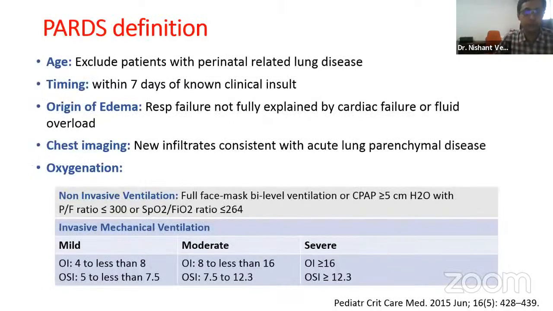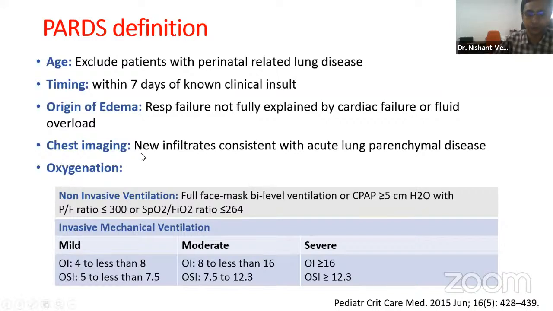Once we have these values, PARDS can be defined. We have to exclude patients with perinatal-related lung disease, which includes BPD, bronchopulmonary dysplasia. The onset of disease should be within 7 days of a known clinical insult. We have to exclude cardiac and other fluid overload states as a cause for respiratory failure.